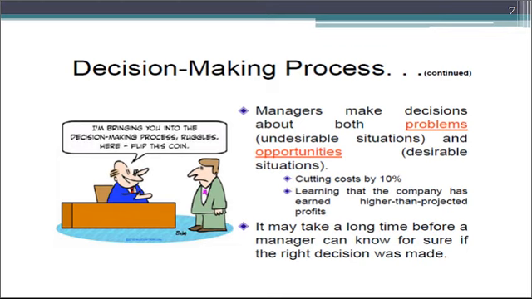But in order to grow the business, in order to keep up with technology and the current market scenario, we have to grab the opportunity, which we call the desirable situation. So the managers have to take decisions in both situations: if there is a problem, which we call an undesirable situation, or if there is no problem but an opportunity for the growth of the organization.